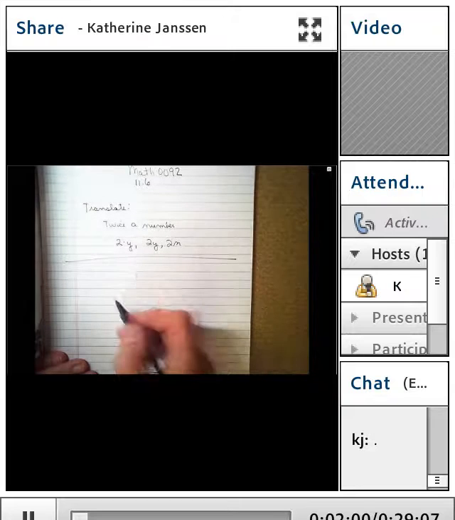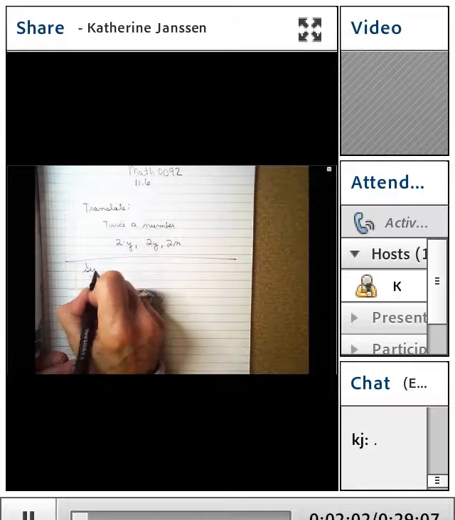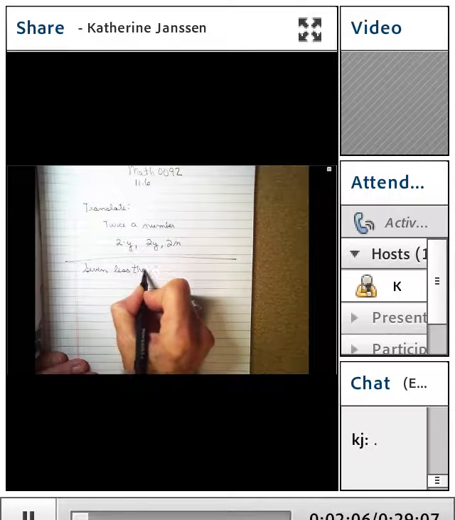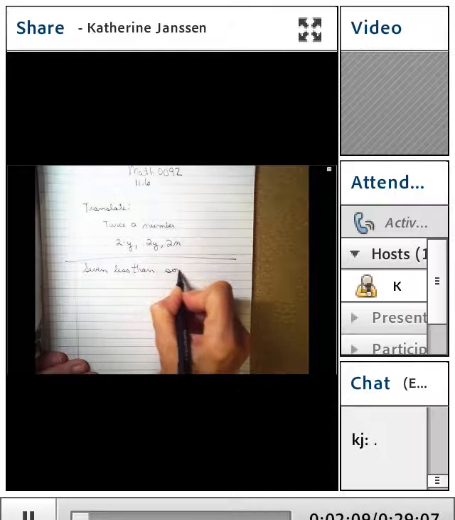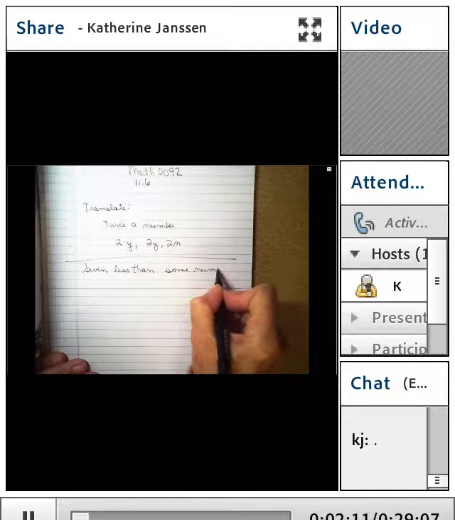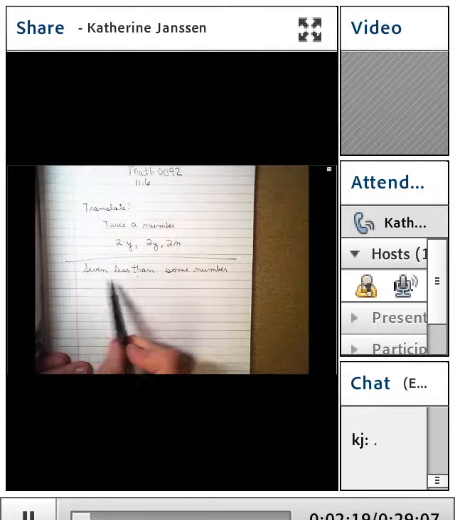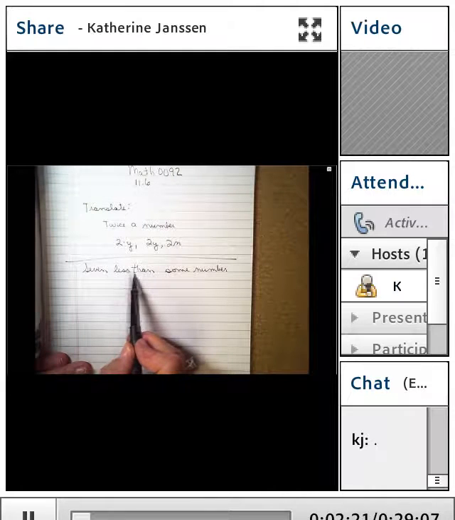We're asked to translate 7 less than some number. Now, this is the one that probably we make the most mistakes on. 7 less than. Less than indicates subtraction.